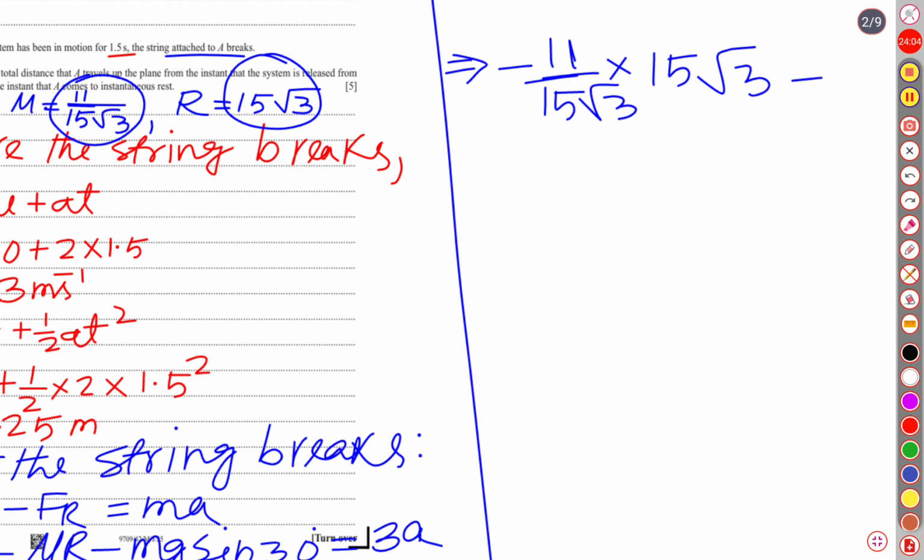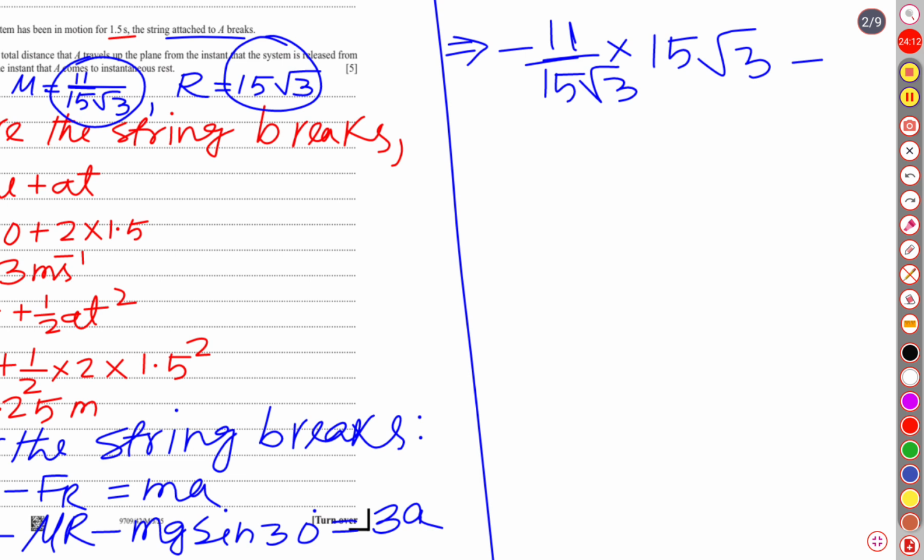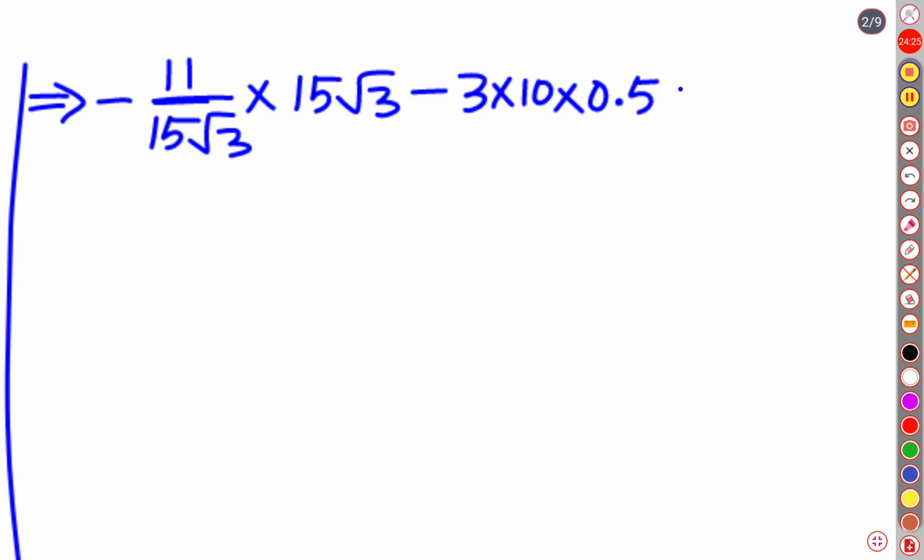Minus the force caused by weight. So the mass of particle A was 3. Let us write 3 into acceleration due to gravity, which is 10, equal to the mass of particle A, which is 3, into acceleration, which is to be obtained.